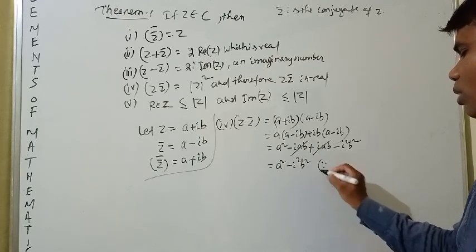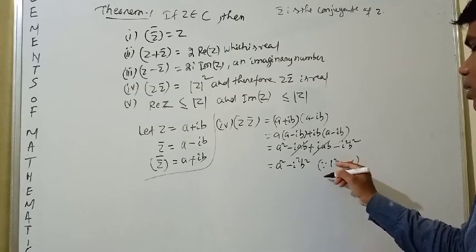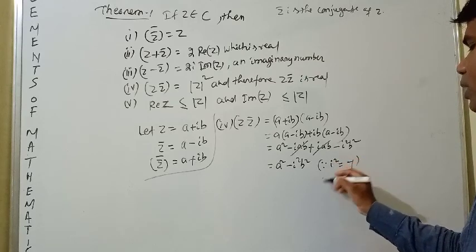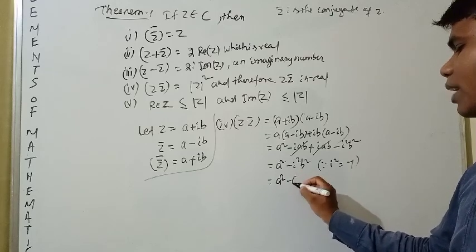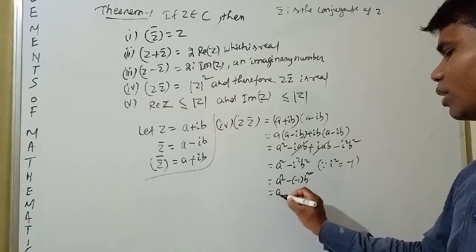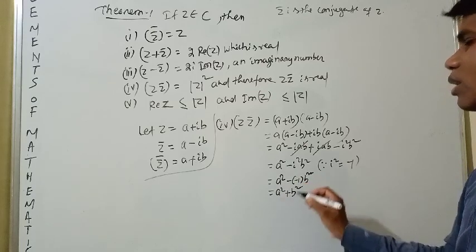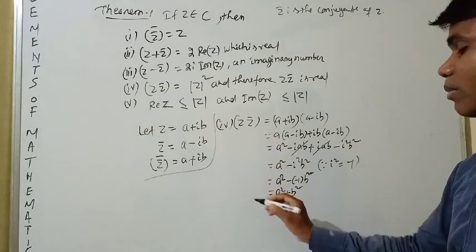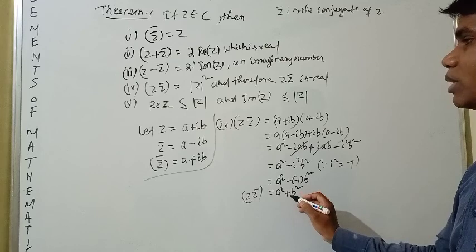You know the value of I square is equal to minus 1. So this is A square minus minus 1 B square, which is A square plus B square. That means Z into Z bar is equal to A square plus B square.